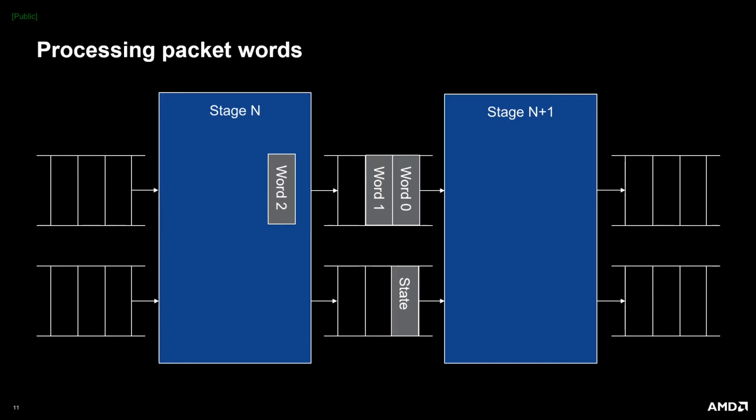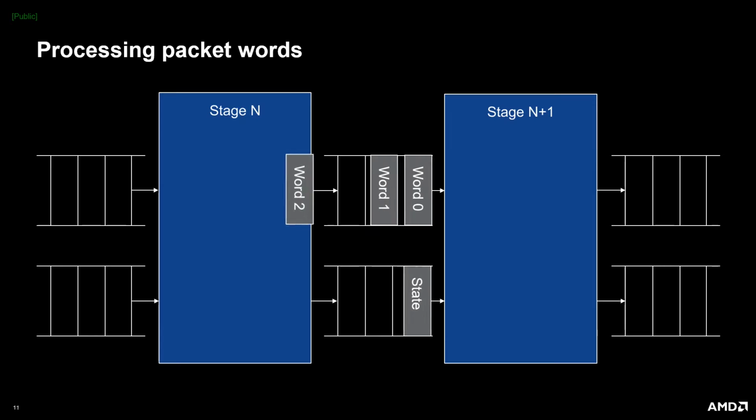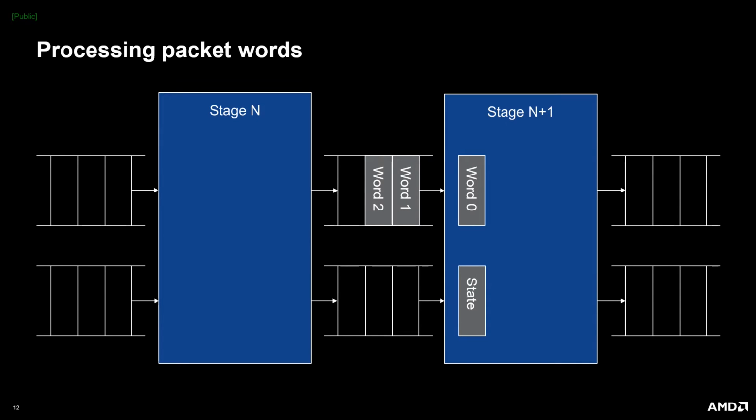The next stage can then pop the state and the required packet word at the same time, allowing data to be transferred between them. I've only shown one packet here, but the next packet could follow immediately after the first.